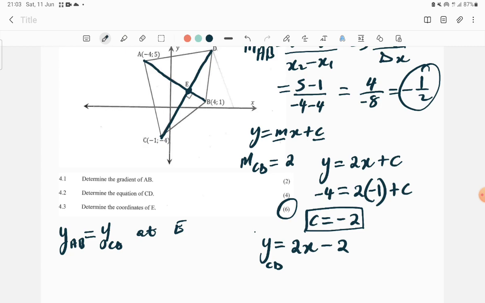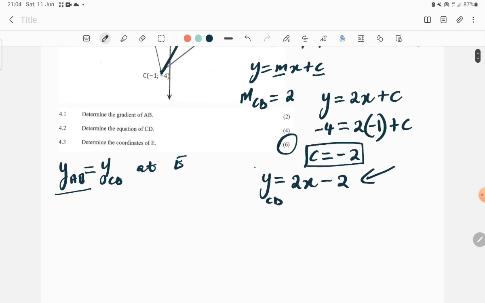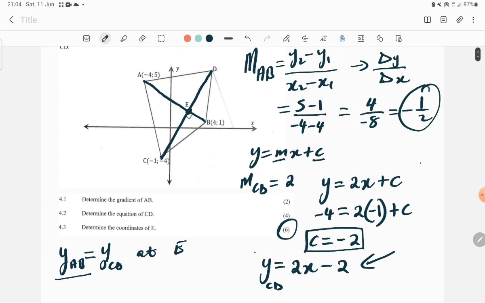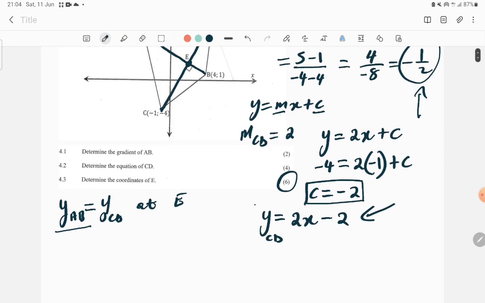You will remember that we have already figured out the equation of CD. We are left to find the equation of AB now. But half of it is already done, because we do have the gradient of AB, which is negative half.